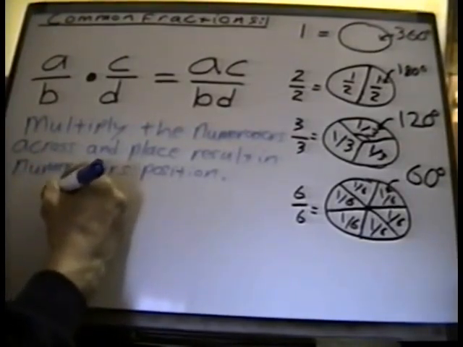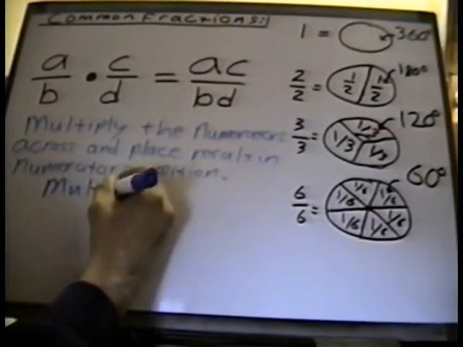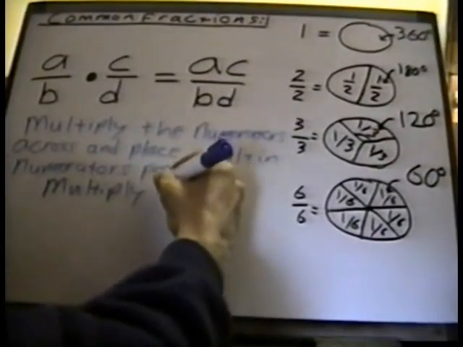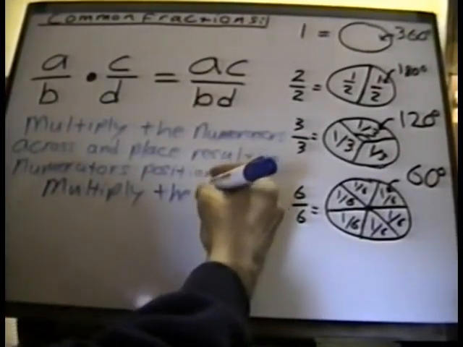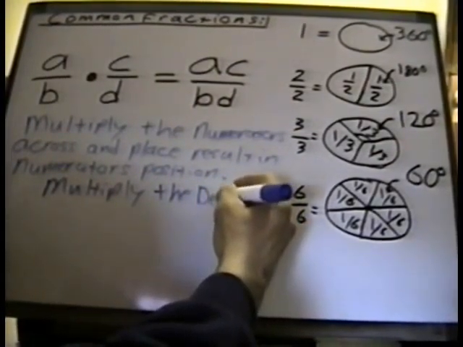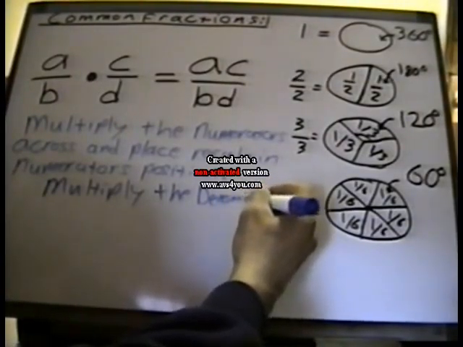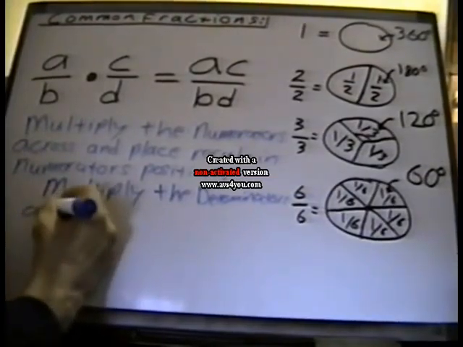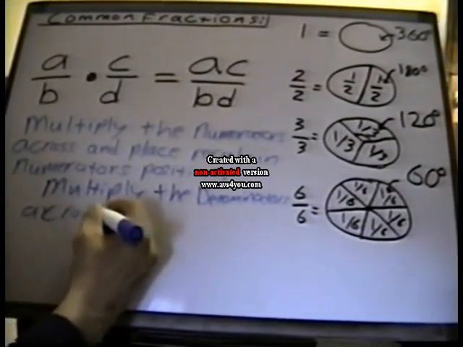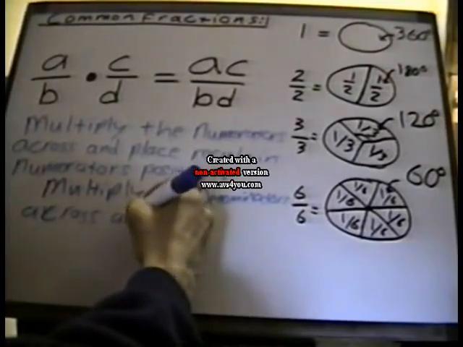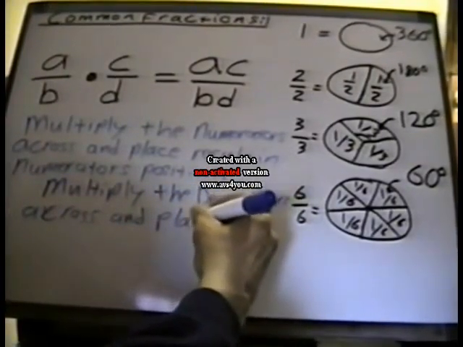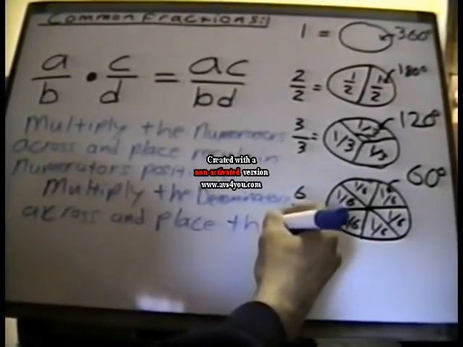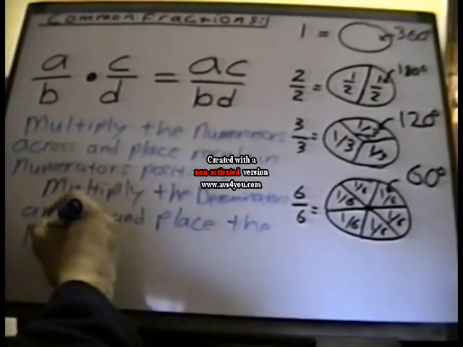Now you multiply the denominators all the way across and place the result in the denominator's position of the result.